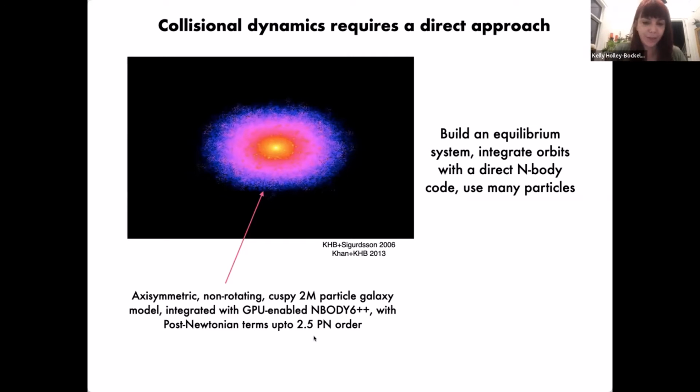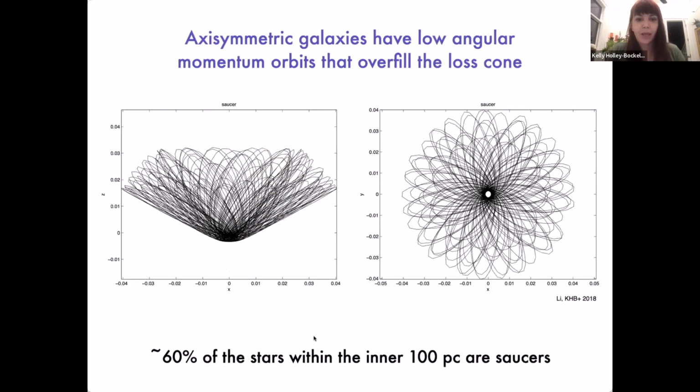So anyway, details about that there. And what we found, and what lots of people found later and even earlier, was that as soon as you relax this concept of symmetry, so allow the galaxies to be axisymmetric or triaxial or rotate, then entirely different orbit families are allowed in those potentials.